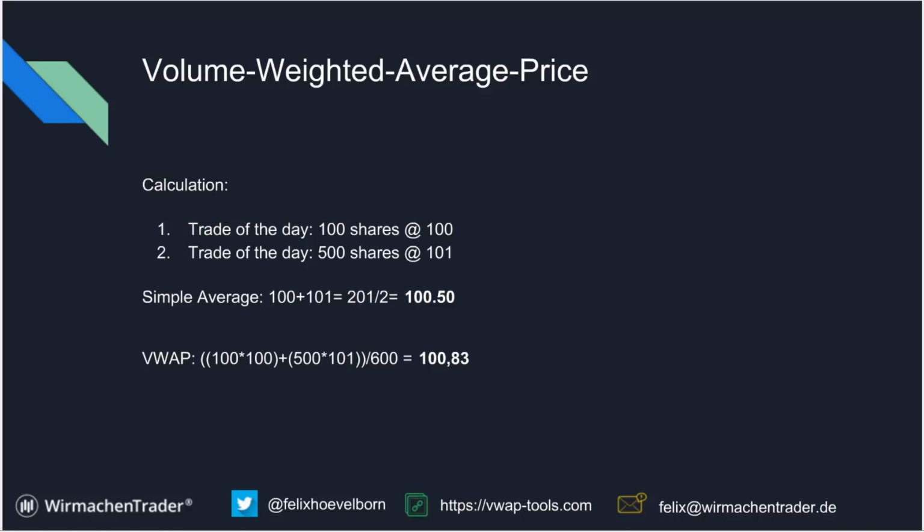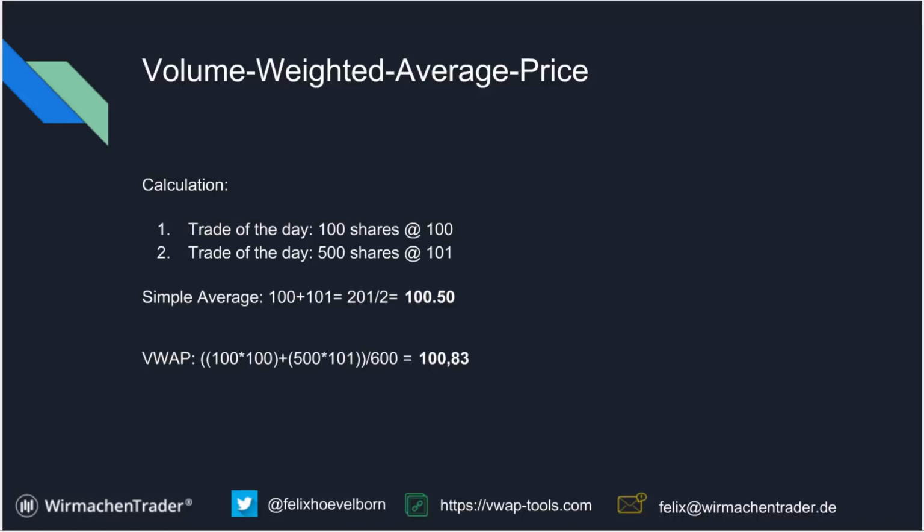We multiply the shares of the first transaction with the according price. The first trade of the day took place at 100, so we take the number of shares he bought at $100. It's 100 times 100, and we add this to the second trade, which is 500 times 101.